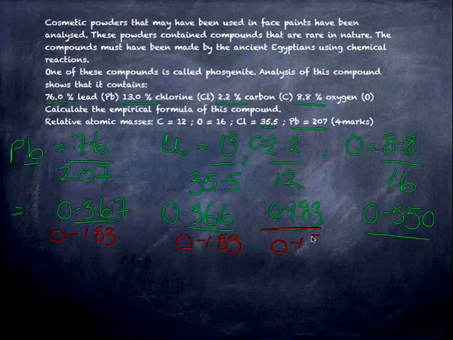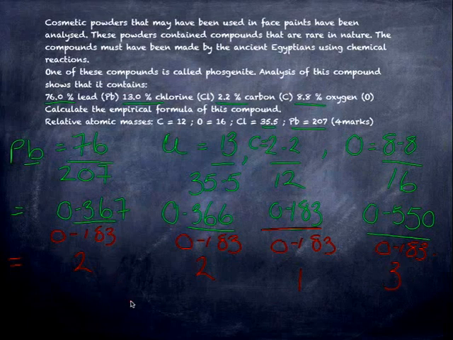When we plug this into the calculator, then it turns out that 0.367 divided by 0.183 works out at 2. Obviously 0.183 by itself works out at 1, and 0.55 divided by 0.183 works out at 3.